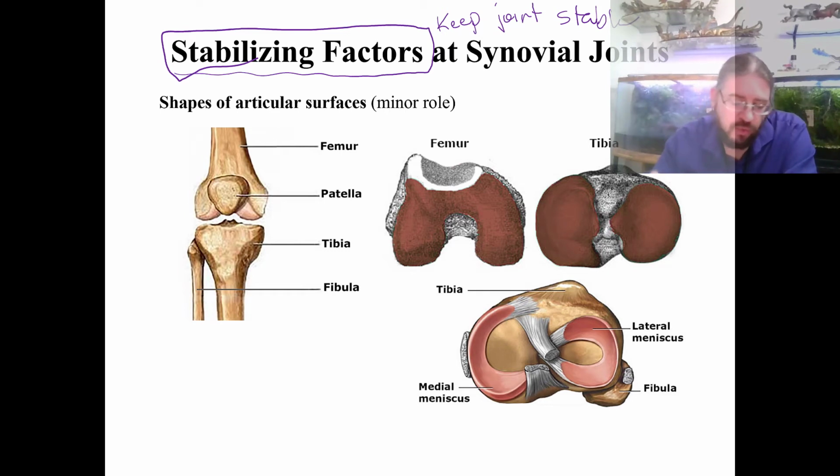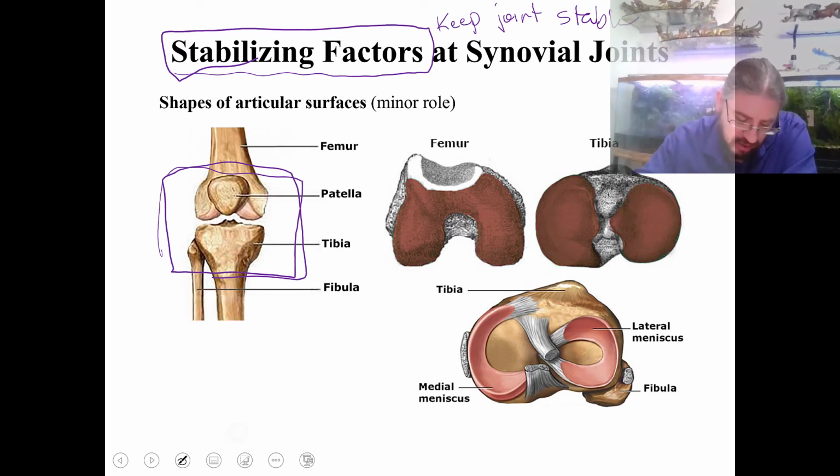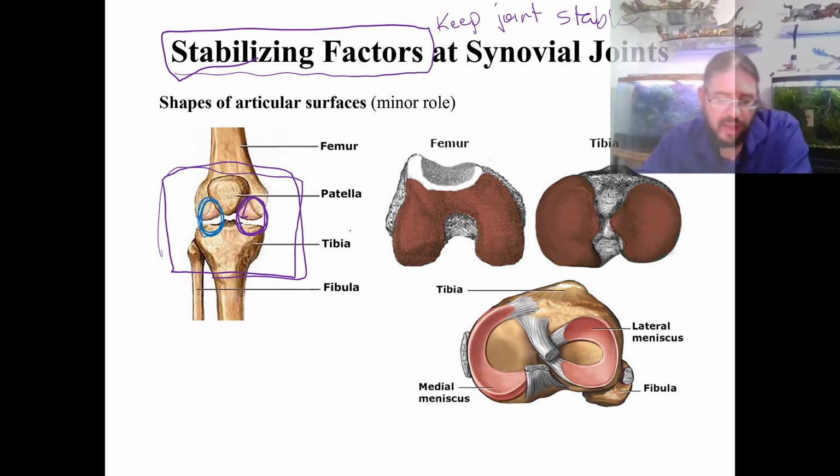So, for instance, when you look at the knee, the most complicated synovial joint in the body, we actually have basically 3 separate joints going on here, right? So you have the medial condyle of the femur and the tibia there. Then you have the lateral condyle of the femur and the tibia. And then you have the patella and the femur and tibia.